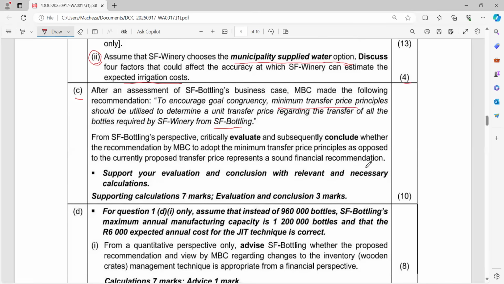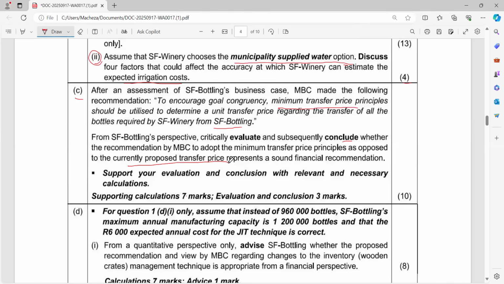So even when I read this question without looking at the scenario, when I go to the scenario, I know that for me to evaluate and conclude whether this recommendation of using the minimum transfer price is sound, is financially viable, then the currently proposed transfer price must be there.